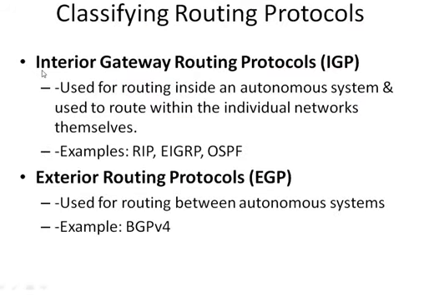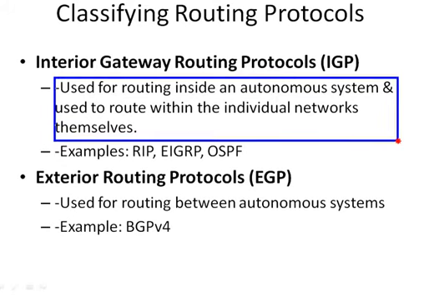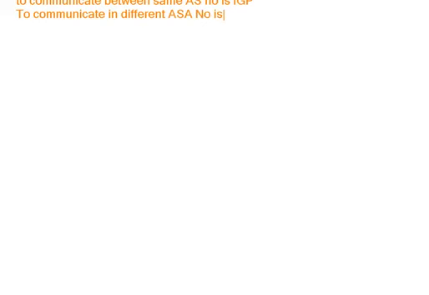An interior gateway protocol is used for routing inside the AS number, meaning to communicate within the same AS number is IGP, and to communicate between different AS numbers is EGP.